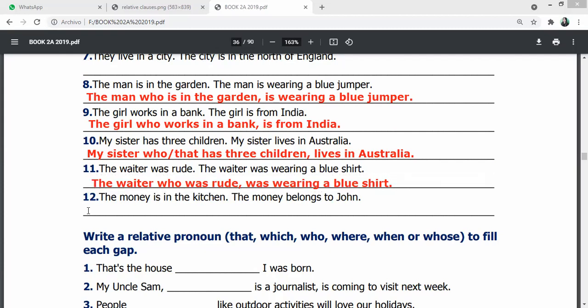Okay, the last one. The money is in the kitchen. The money belongs to John. This is the same like number 8, number 9, number 10, number 11, but we're going to change the pronoun, the relative, okay, the relative clause, okay?